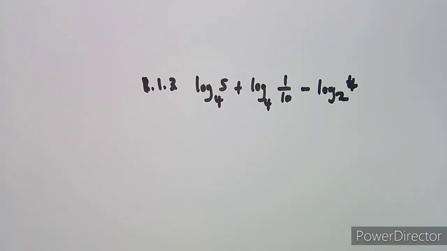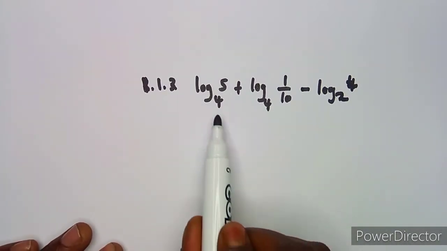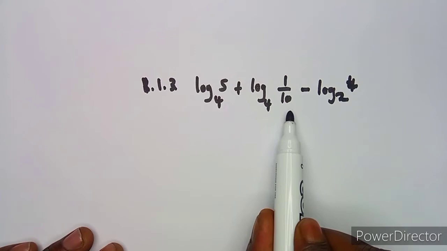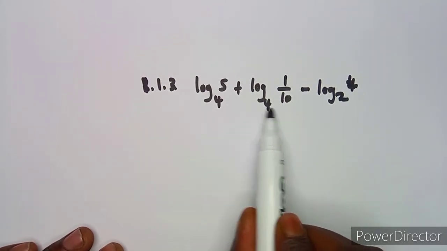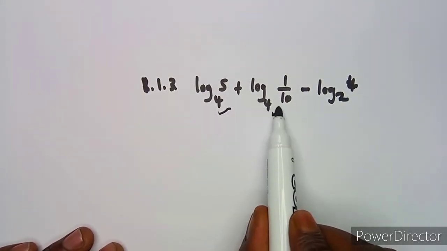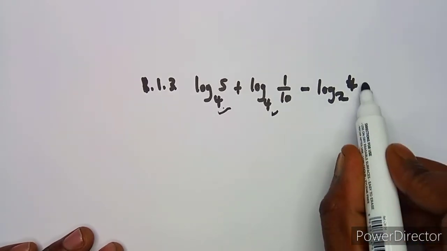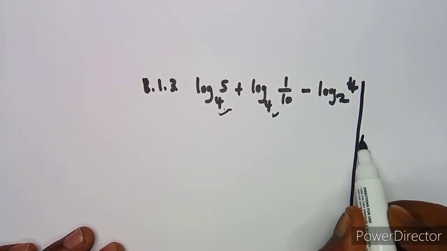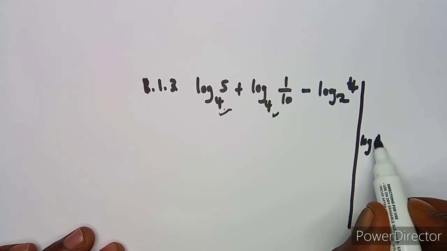If we are to cross check here, we are going to see that here we have got the bases which are actually the same, and we are adding. So we know that when we are adding and the bases are the same, we can actually multiply the numbers.